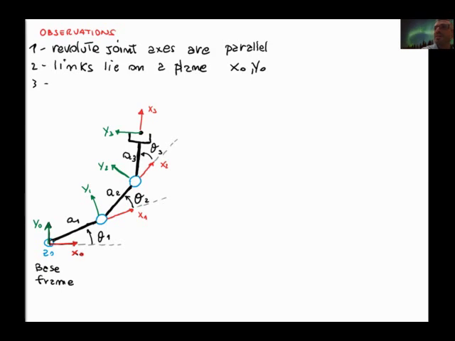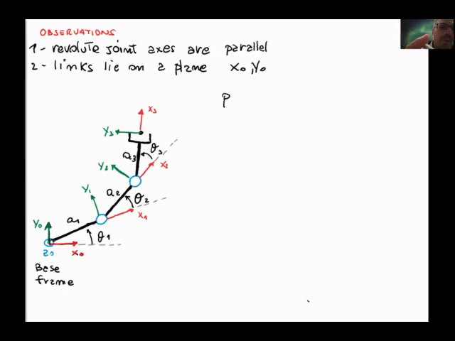And the third one is that the axes xi are along the link directions. Anyway, this is a recommendation: to locate the x-axis along the link main direction.